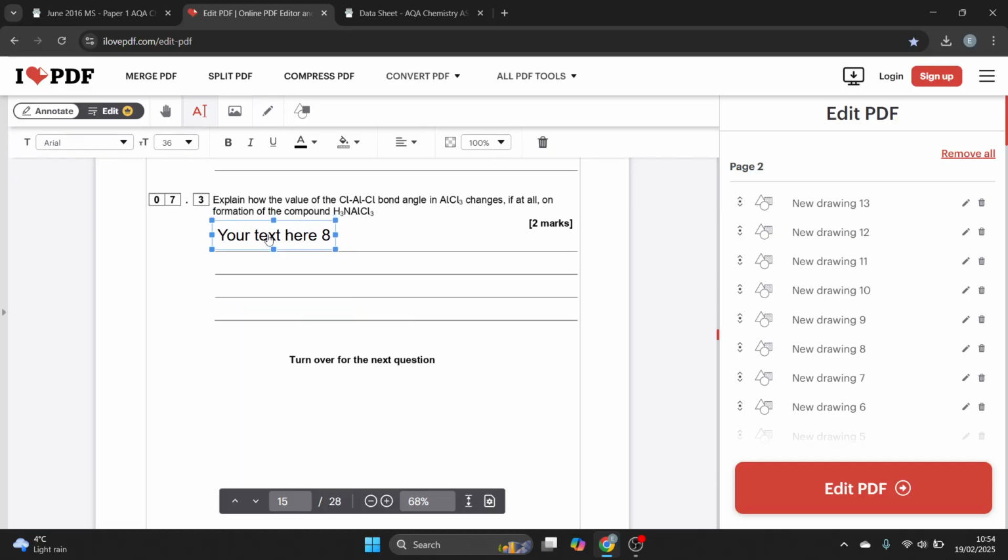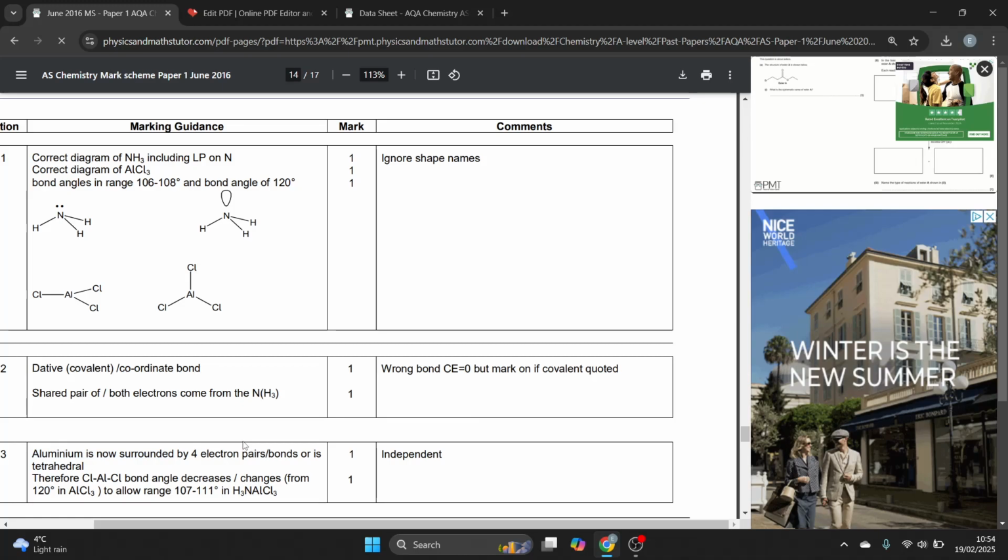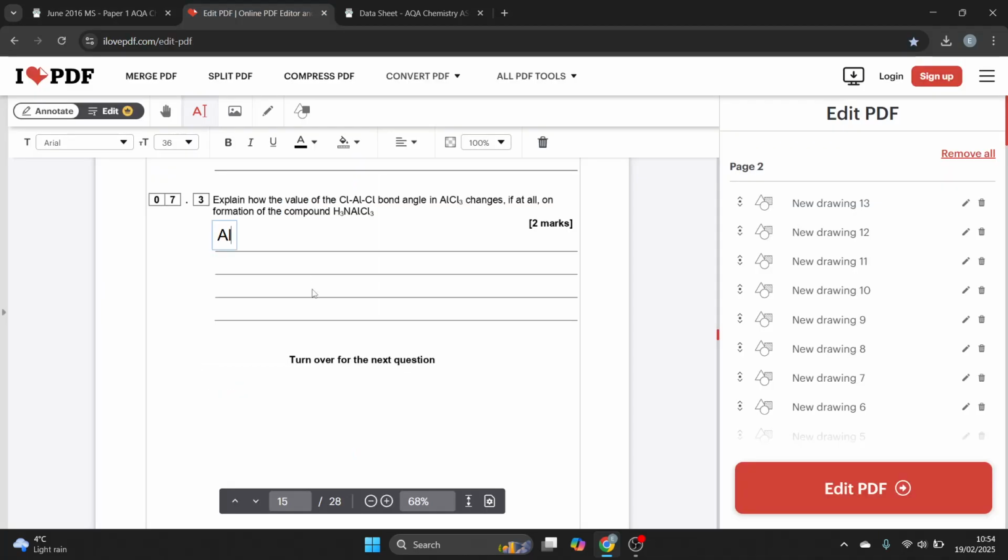Explain the value, changes, information of that. Well, what happens to the shape? Well, aluminium is now surrounded by 4 electron pairs, so it's tetrahedral.